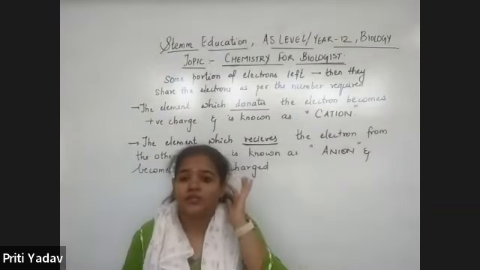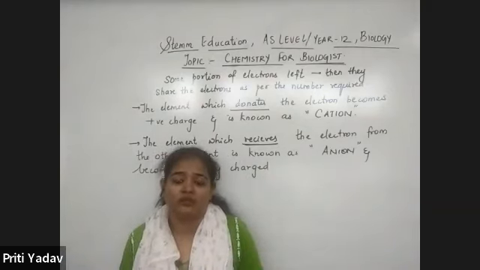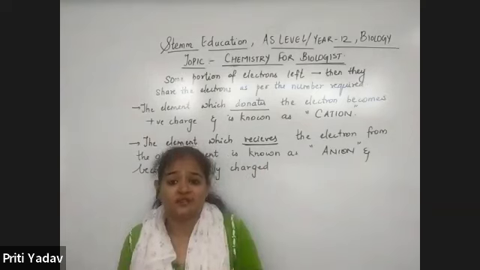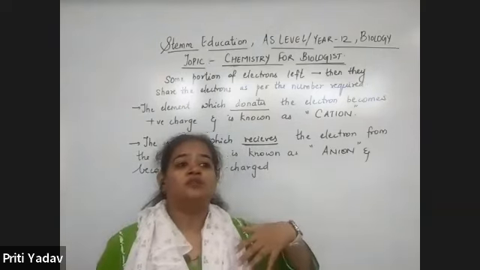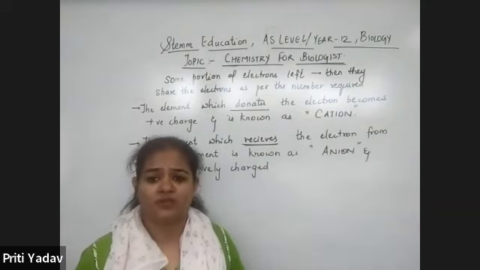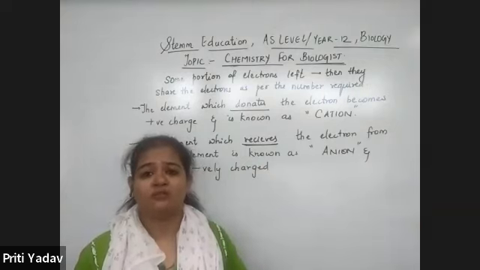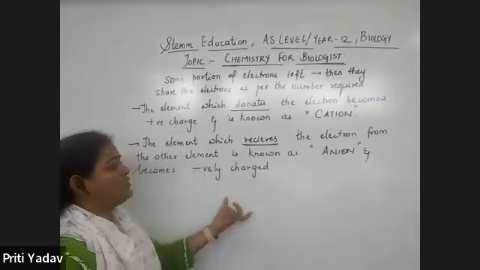So here you can see that the cation is the one who is donating. The anion is the one who is receiving. The one who is donating the blood is known as donor. The one who is taking the blood is called the acceptor. Why the acceptor? Because he or she is actually deprived of the blood. Same thing happens over here.